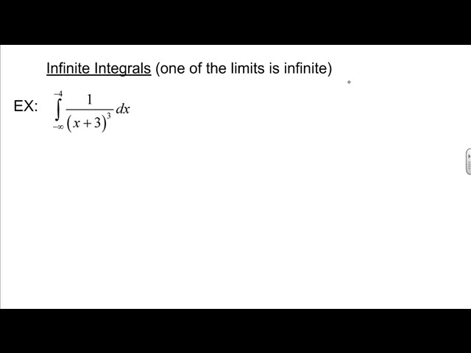So the way that we get around that is by rewriting that integral as a definite integral from b to negative 4 of our function. And we work this integral and then calculate the limit as b approaches negative infinity.